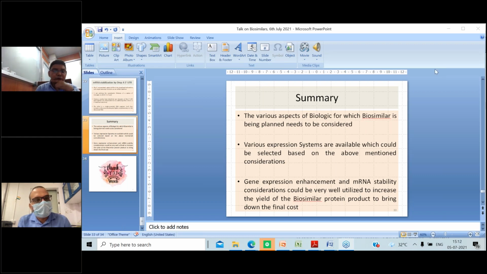Plant-based biosimilar products, mostly what people are trying to do is utilize the Agrobacterium tumefaciens based expression system to send the light chain and the heavy chain of the monoclonal antibodies, cloning them into Agrobacterium vectors.